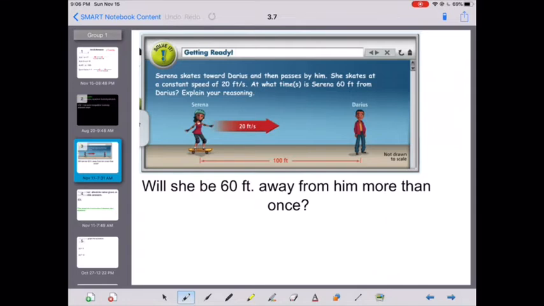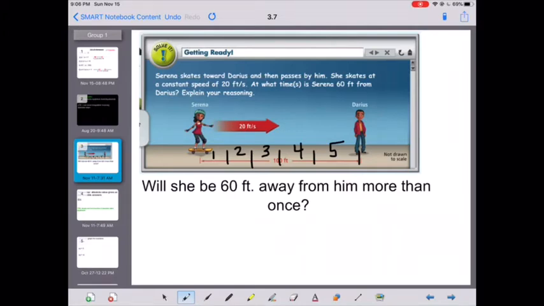Well, it doesn't say anything about her stopping once she gets to him. That's what this question here is talking about. So we need to think from where she is. If she's 100 feet away, it's 20 feet per second, it's going to take her 5 seconds to get to him. Every 20 feet is a second. So 2, 4, 6, 8.